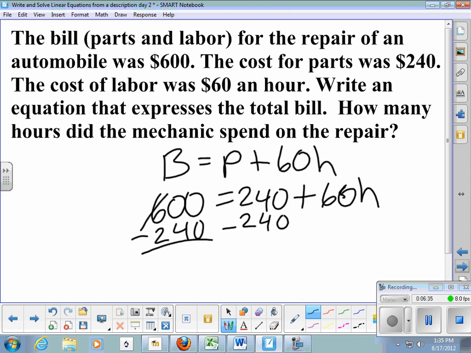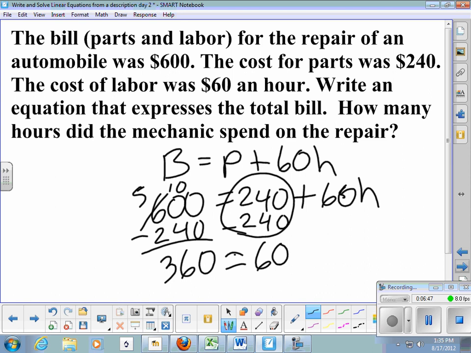So I'm going to borrow and make that a 10. 10 minus 4 is 6. 5 minus 2 is 3. So $60 an hour, $360. How many hours was that?